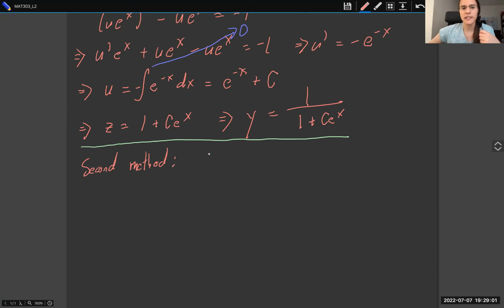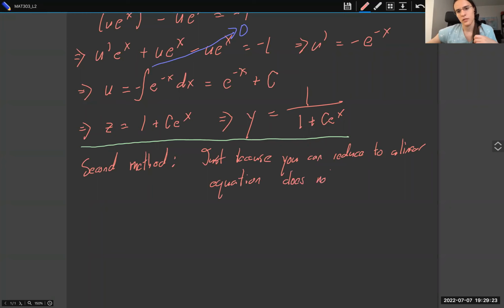And the idea is just because you can reduce to a linear equation doesn't mean you want to. You should.